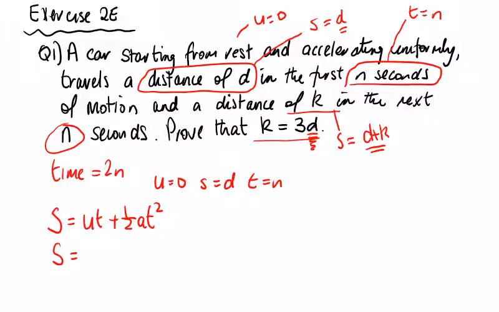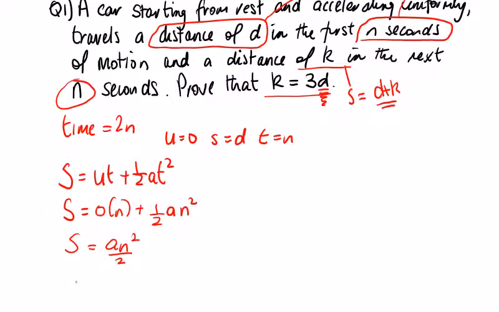So s is equal to ut, 0 times n plus a half a by t squared, which is n squared. So my first distance is equal to an squared over 2, and we can say that that's d. d is equal to an squared over 2.